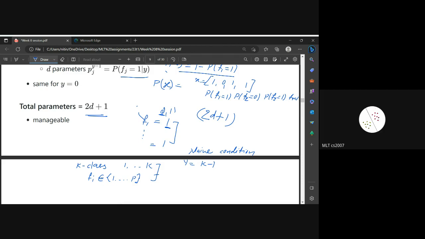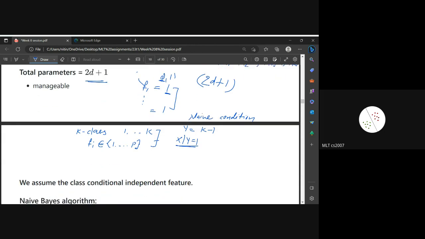So for each class, take x given y equal to 1. You have d features, let's say f1 to fd. Now for f1, how many parameters do you have to estimate? It takes p values here, so p minus one.